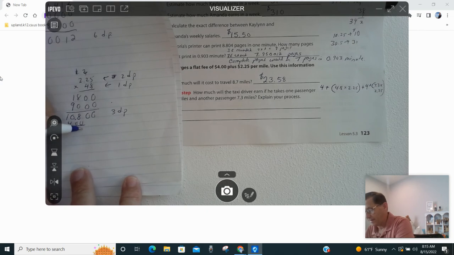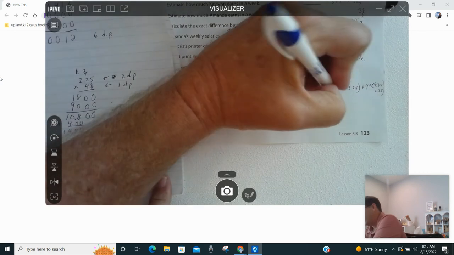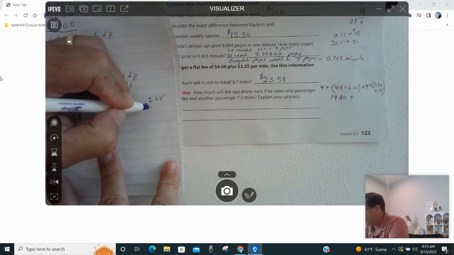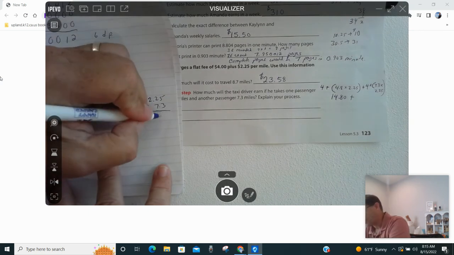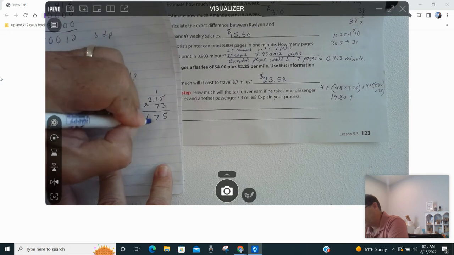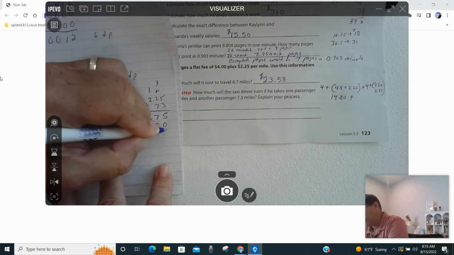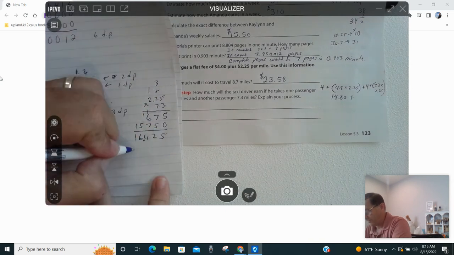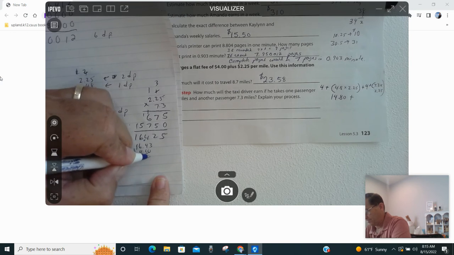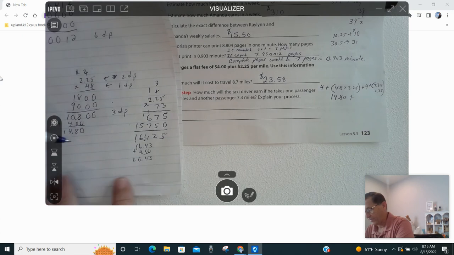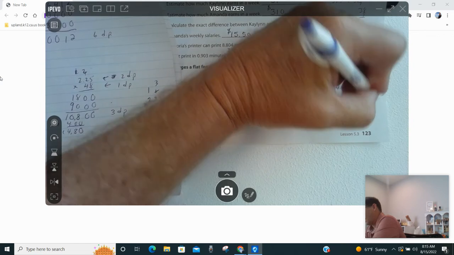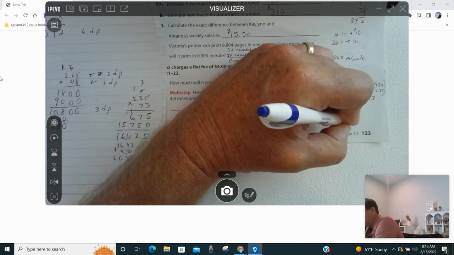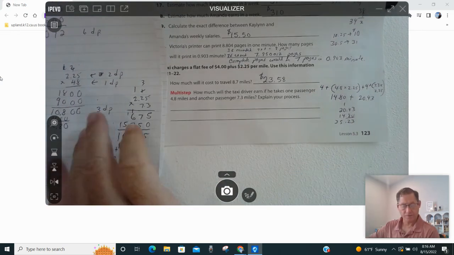Okay, $10.80 plus the $4 flat fee, $14.80 for the first passenger, and the second passenger $16.43 plus $4 will be $20.43. Okay, let's add those together. $35.23.